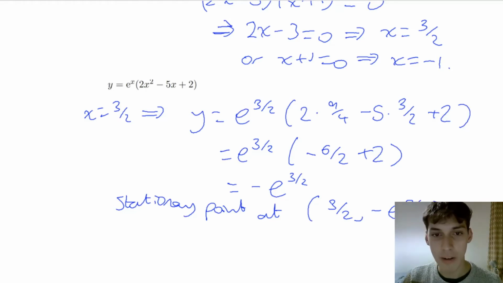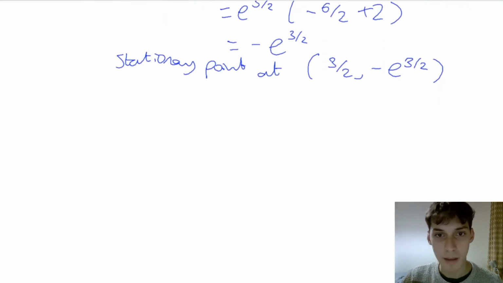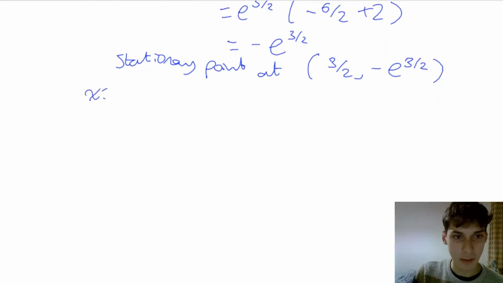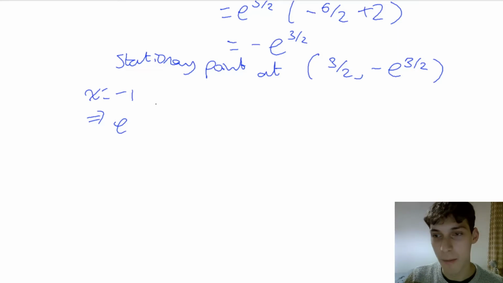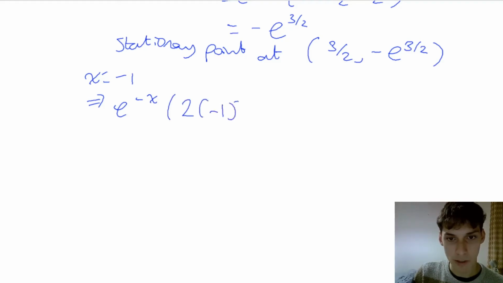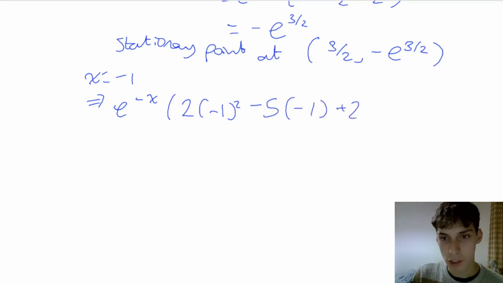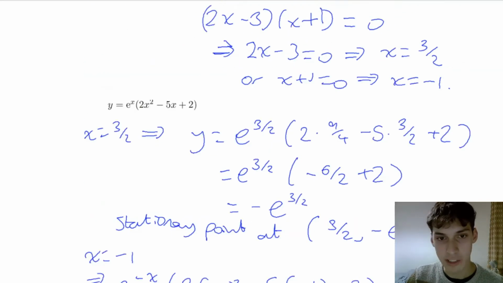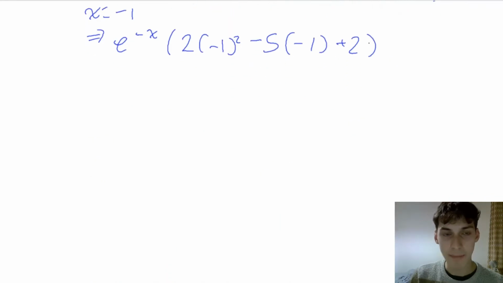Okay, now let's solve for the other point where x equals minus 1. I'm wanting to copy down the equation again, but we'll see if I can just do it by memory. I can't. There we go. E to the minus x, and then I think we have 2 times minus 1 squared, minus 5 times minus 1, plus 2. Just check that's right, that is. Okay, let's simplify this.